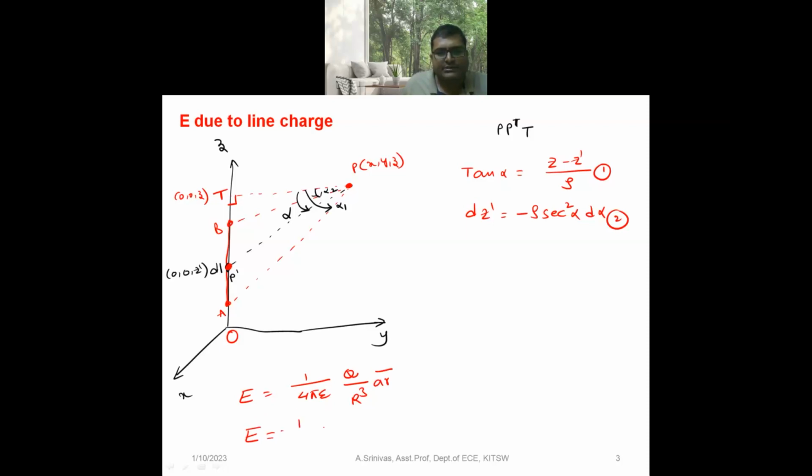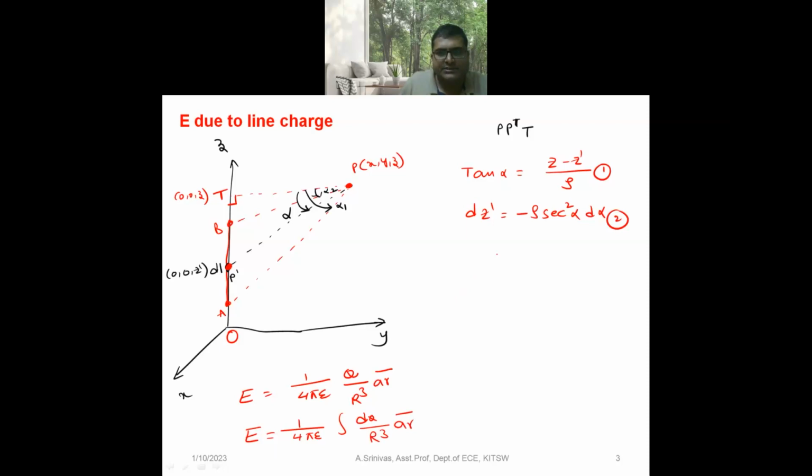So we have to consider the differential length, that is dq. Here the value of dq is equal to rho L dz dash, so dE is 1 by 4 pi epsilon dq by r cube ar bar. Let us substitute the parameters later.